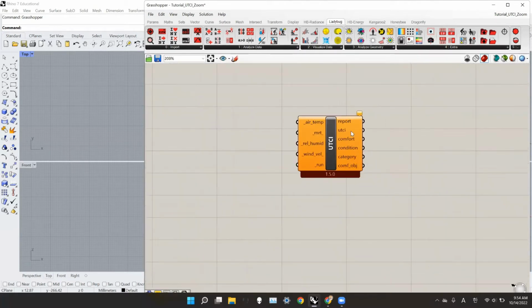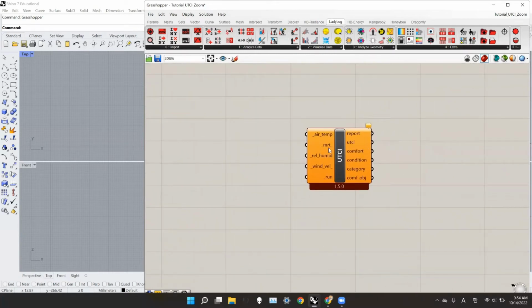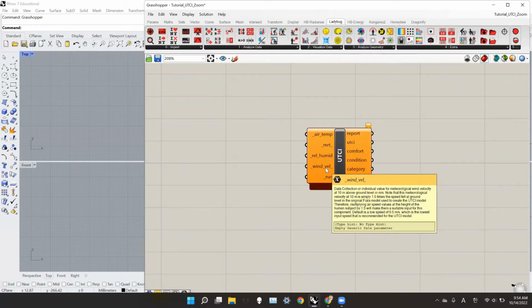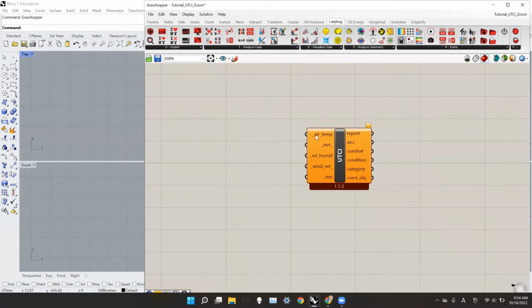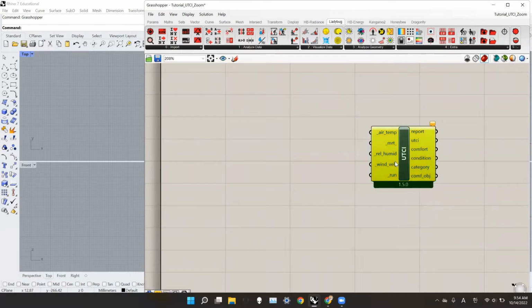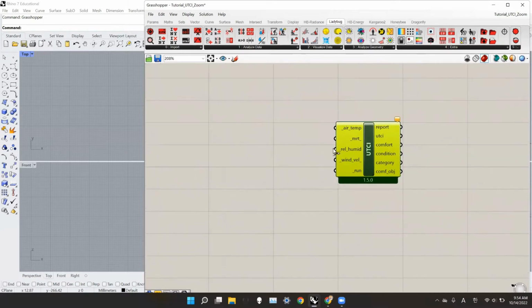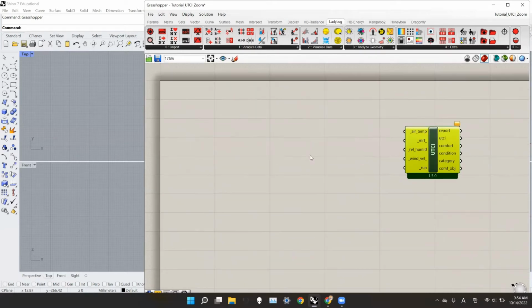Here we can look at the inputs: air temperature, mean radiant temperature, relative humidity, and wind velocity. Those are what we consider to calculate UTCI. Let's look at the air temperature first.